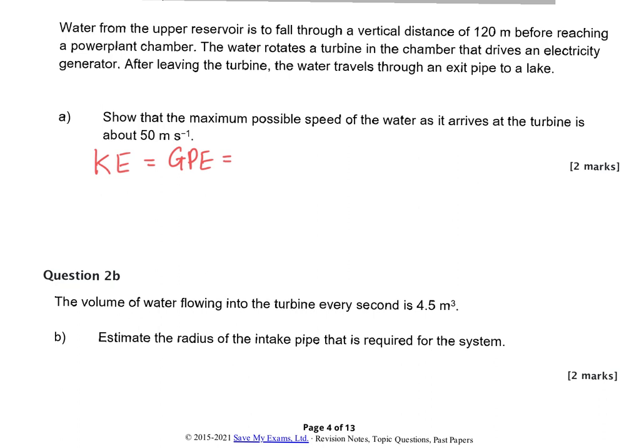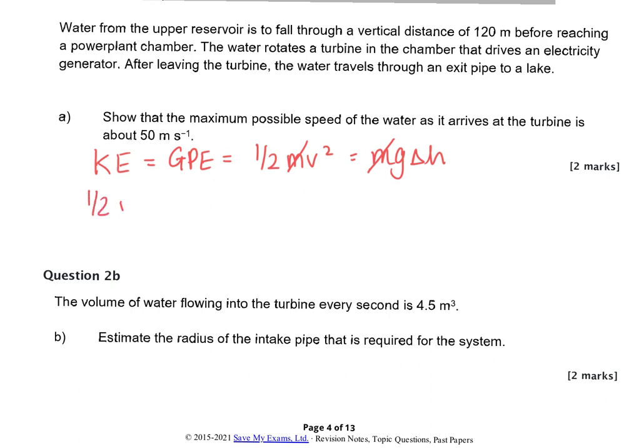So we're going to say the kinetic energy is equal to the potential energy. That means our kinetic energy equation will equal our gravitational potential energy equation. Before we start putting any numbers in, because we're making these two equal to each other, we can cancel out the mass. There's no mass in the question, we don't need it. Then we can rearrange this.